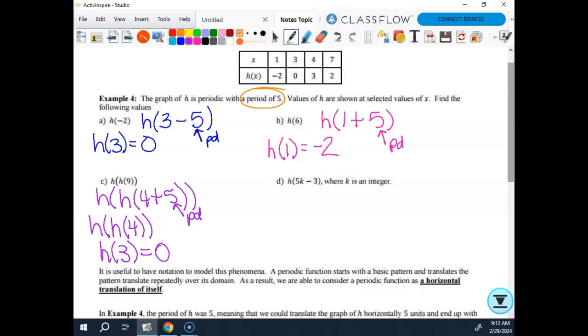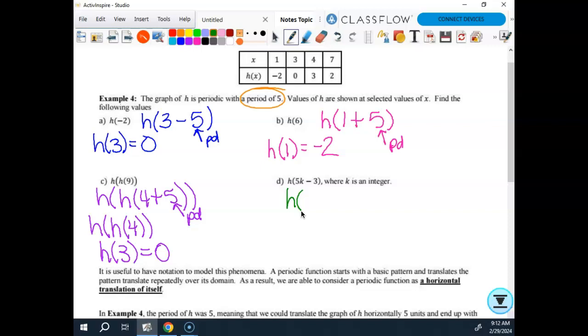All right, so let's look at D. h of 5k minus 3, where k is an integer. So how do you think I can rewrite this? This would be the same as h of what? Don't overthink it. It's actually super easy. What's the period? 5.